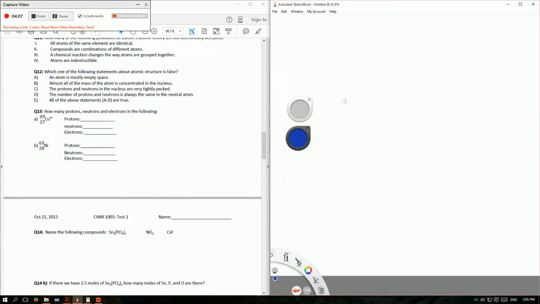Now we have how many protons, neutrons, electrons in the following. So this is basically the same thing. So A and B, I'll do B first because it's simpler. So protons, neutrons, and electrons.